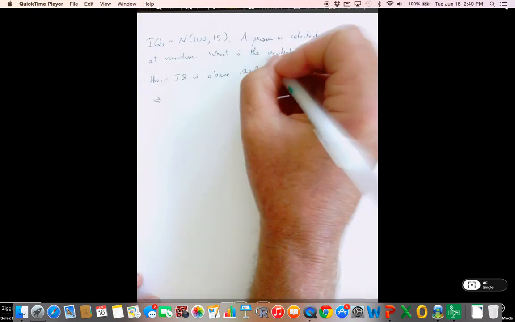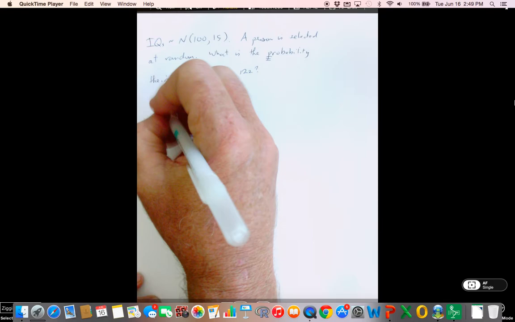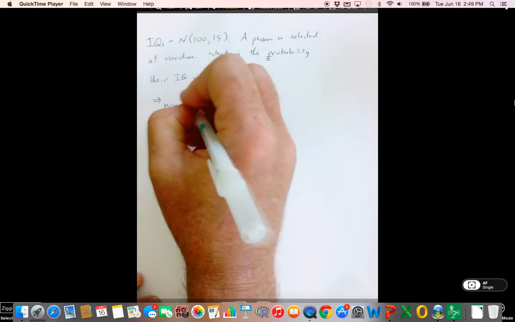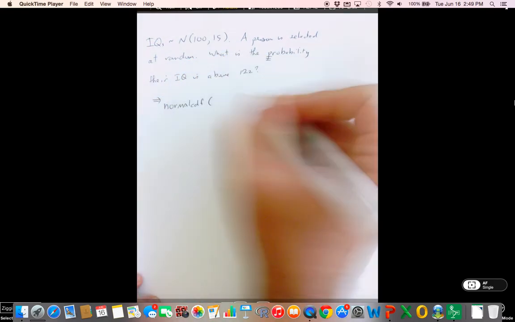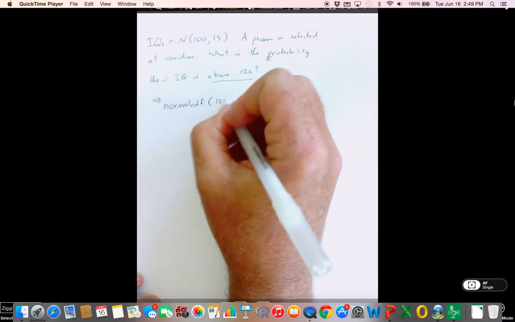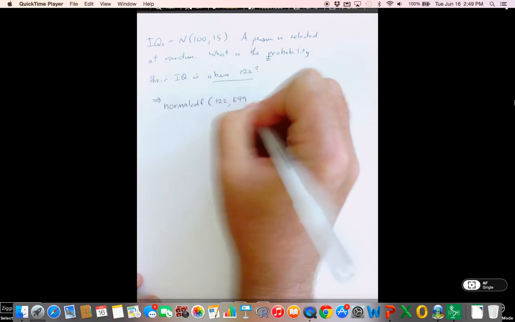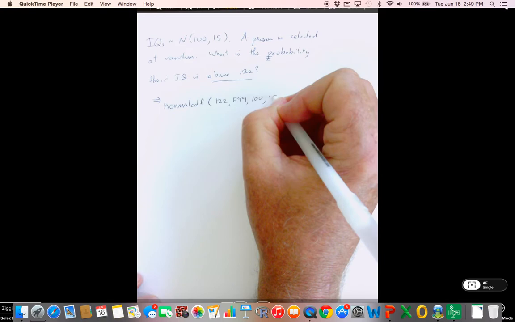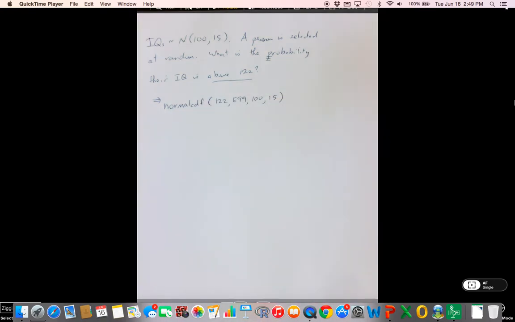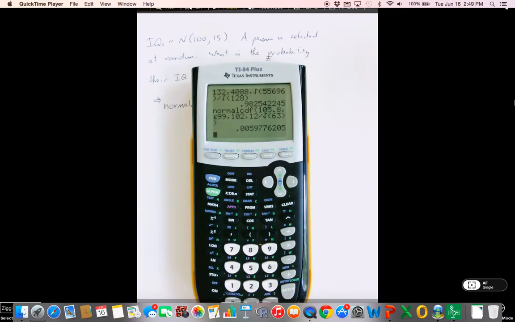Since we're asked to find something that starts with a P, we're going to use normal CDF. We want above 122, mean of 100, standard deviation 15. So in our calculator, that's the way we would work that problem. Let's just go ahead and work that just so everybody's cool with this stuff.